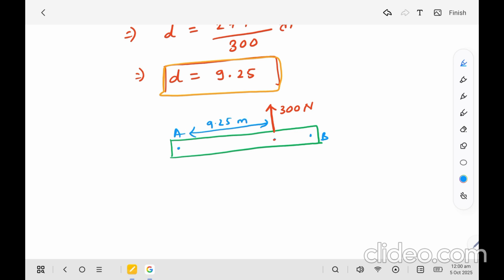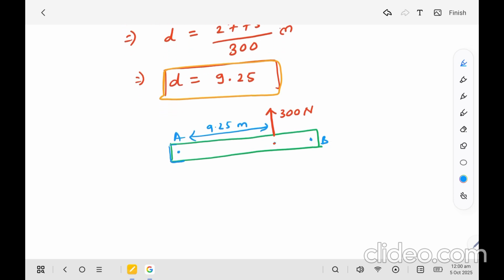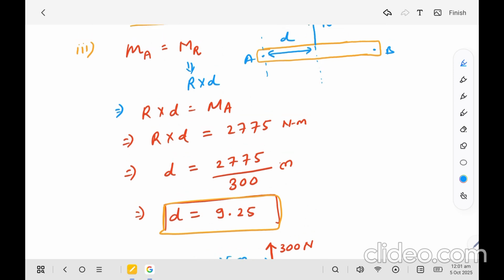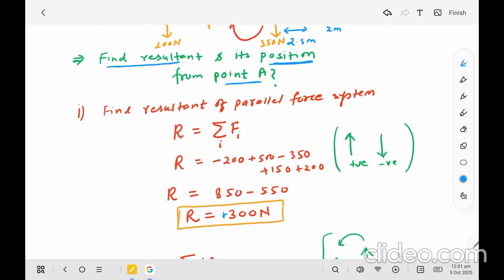Okay, so this is the way to tackle or to solve this type of problems by using the Varignon theorem.